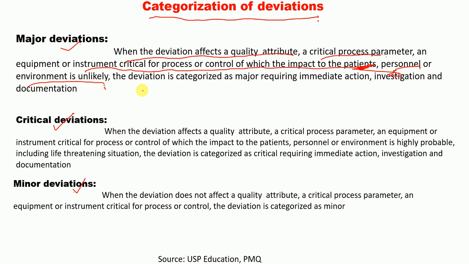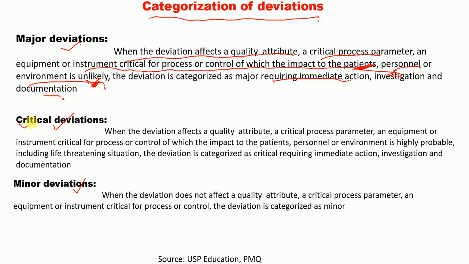The important thing here, guys, is that the impact is unlikely. It is categorized as requiring immediate action, investigation and documentation. So this kind of deviation is categorized as a major deviation.